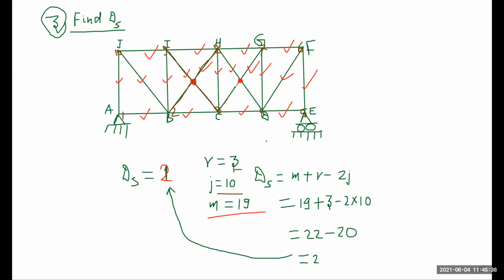Also in this section two members are passing, but both members join at this point. So Anuj thinks that although these two members are passing, this makes a joint here.